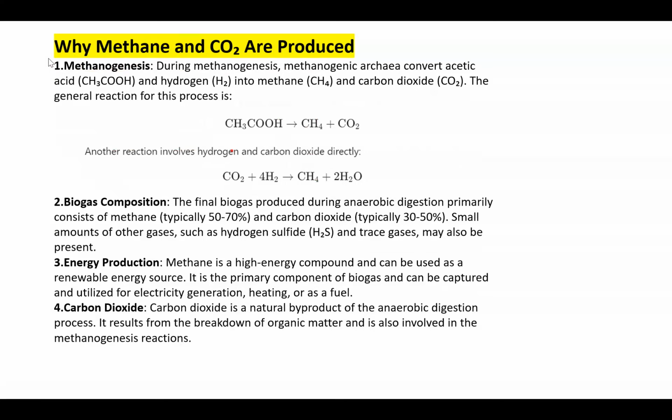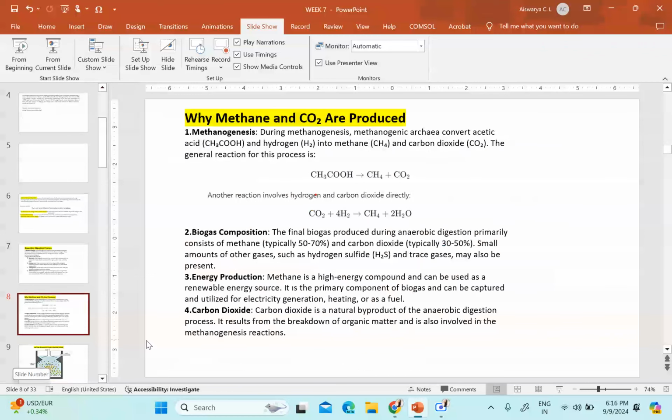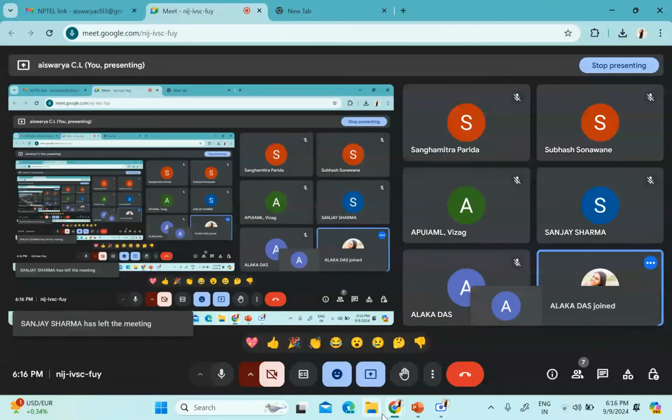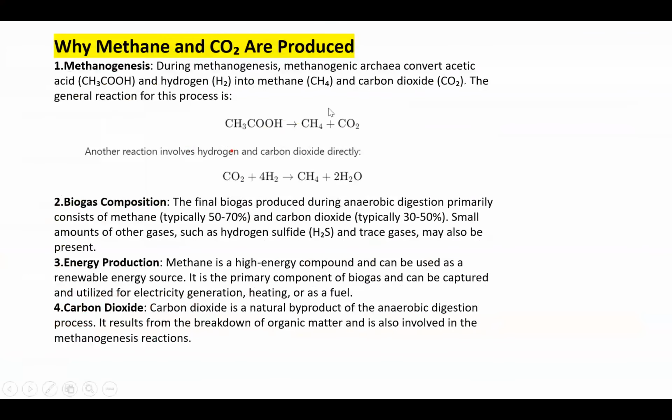So we are not using fossil fuel, or any plants, wood and all. Here we are getting this gas, methane, which has the potential for energy applications.